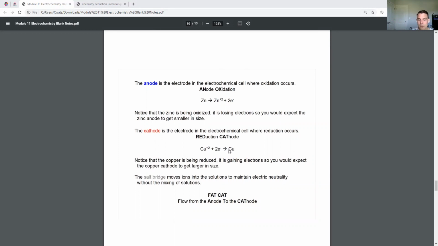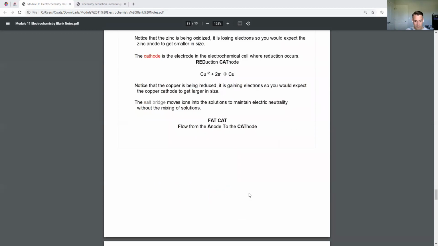So copper here will be gaining 2 electrons to form the solid copper. So you can see how this would be gaining mass. This is being broken down and losing mass. And the salt bridge moves ions to maintain electrical neutrality, okay, to help us have the circuits flow. And then FAT CAT is to help us remember how the electrons flow. They flow from the anode to the cathode.